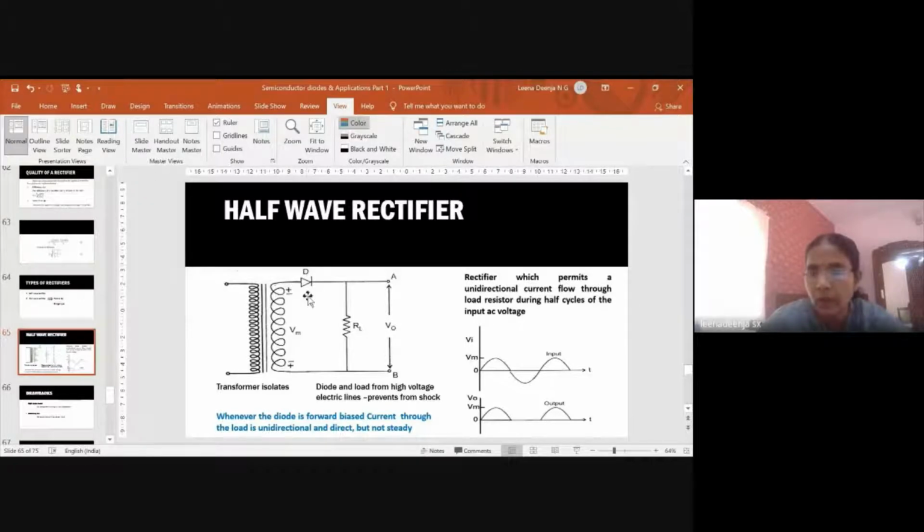So this will not conduct. So no current will flow through this diode. So in this half wave rectifier, during positive half cycle, diode will conduct. During negative half cycle, diode is in reverse biasing and no current will pass through it.